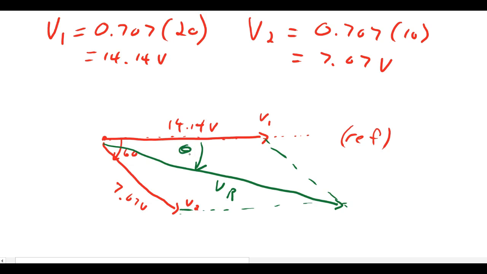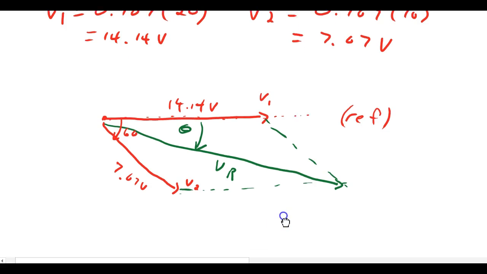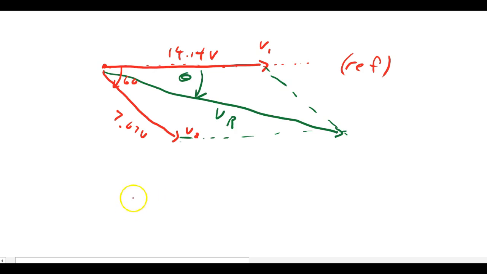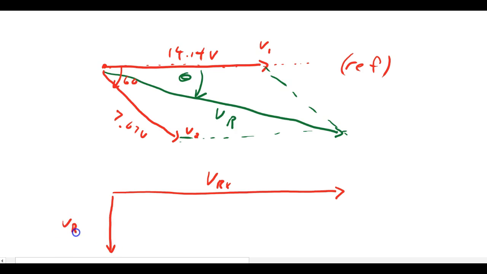Now, the diagram gives us an approximate answer, which we can verify using vector addition. Vector addition tells us that we should find the x component of our resultant by adding the x components of V1 and V2. We should find the y component of our resultant by adding the y components of V1 and V2, and that would give us the resultant at the same angle theta.